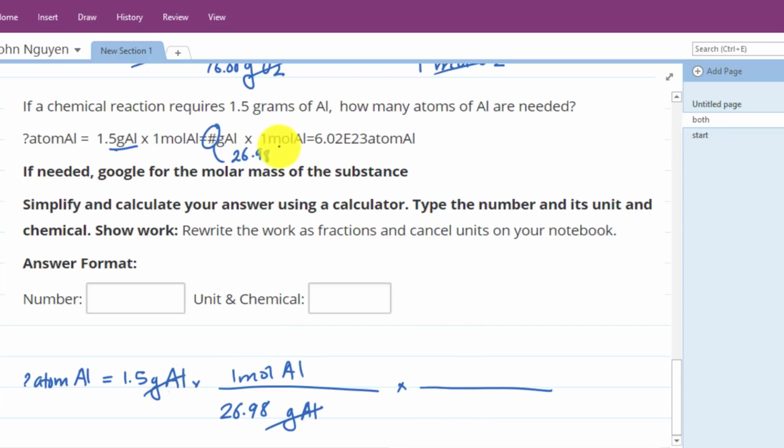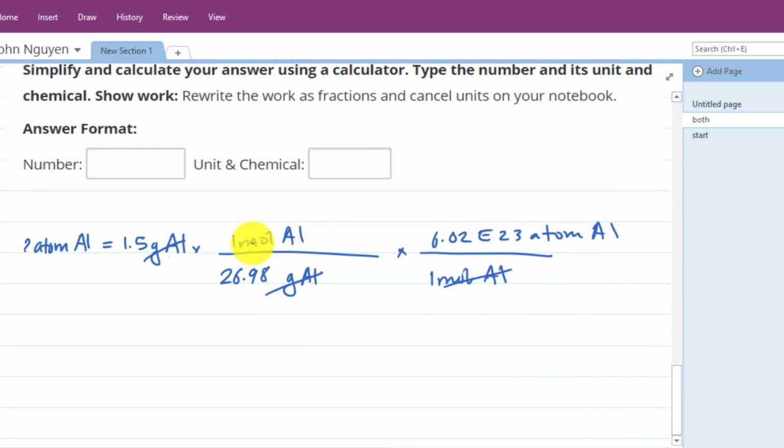So you expect moles of aluminum to be right here as well, which we have right there. So we have 1 mole of aluminum. If this is on the denominator, which is the bottom, the numerator must be this one. So we have 6.02 e to the 23rd atoms of aluminum. And there you go. We have moles of aluminum cancel out.